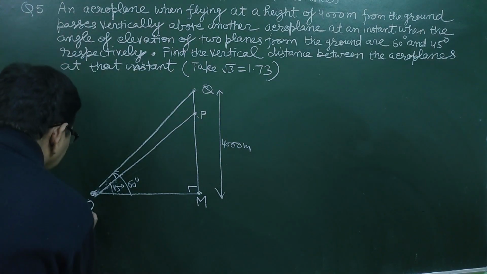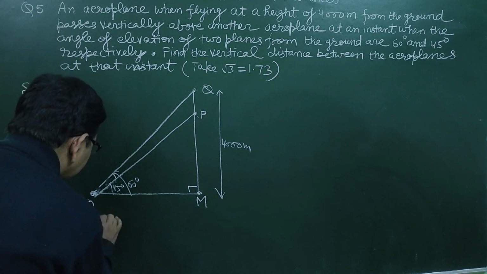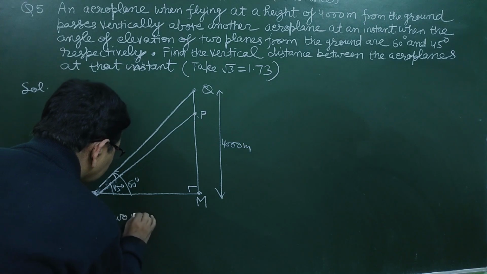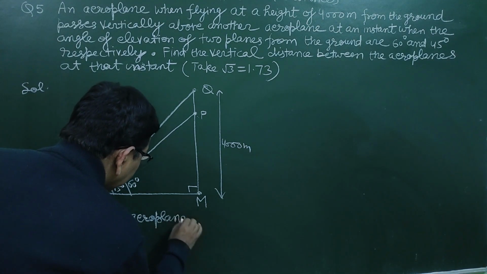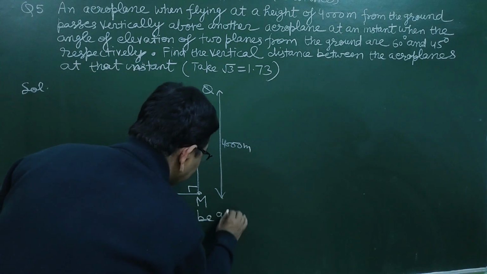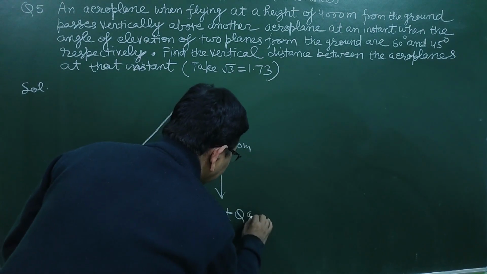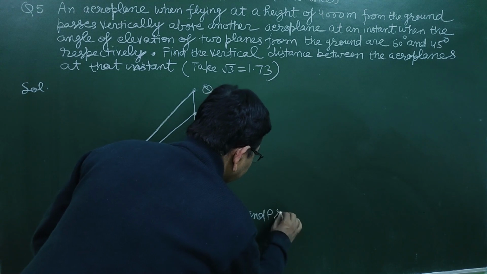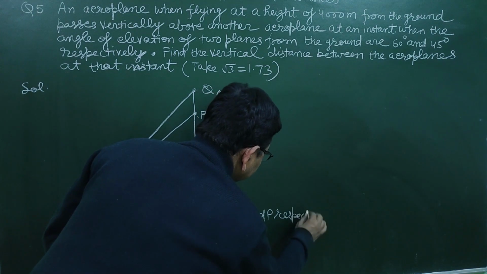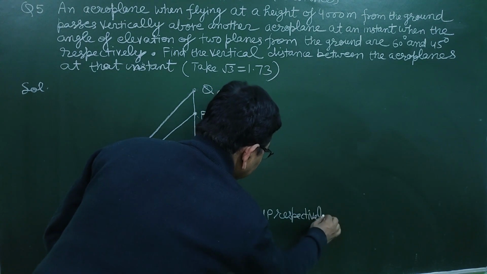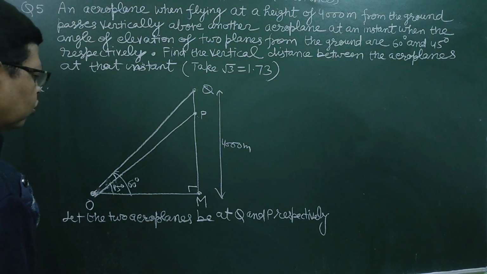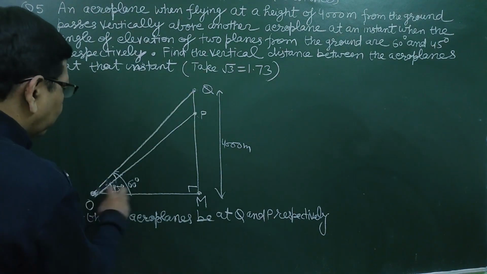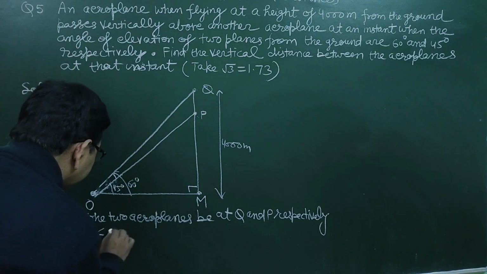Let the two planes be at Q and P respectively. Now angle QOM is 60 degree.